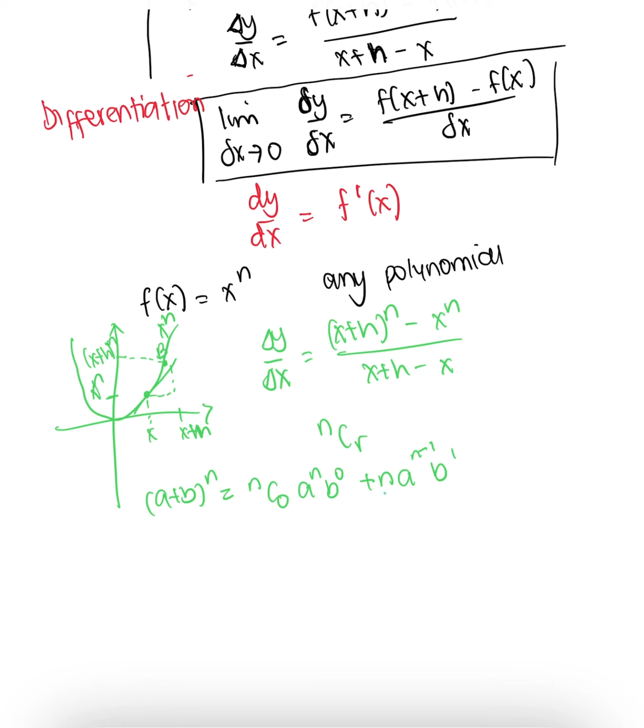Why is it n? Because n choose 1 is just n, plus n choose 2, a to the n minus 2, b squared, plus dot dot dot to the end of it.